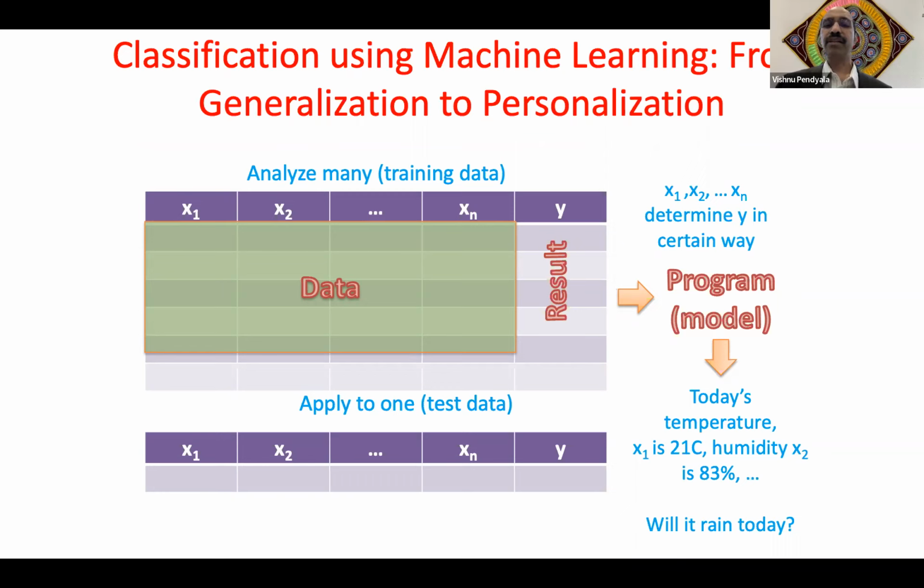Those columns are the features of those instances, which are rows. And the last column is the classification category. So we use the data and the result in the last column to generate the program. The program is a model. See, it's a paradigm shift here. So we use this model to predict the behavior of a new item.